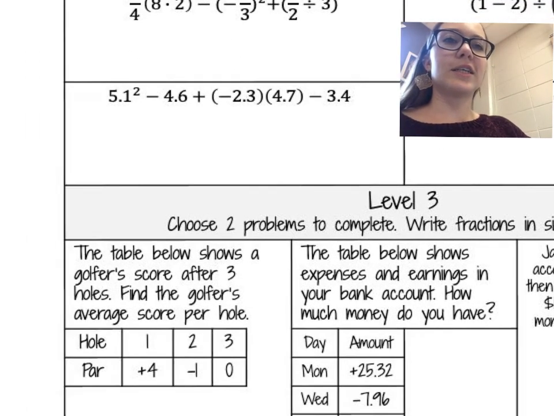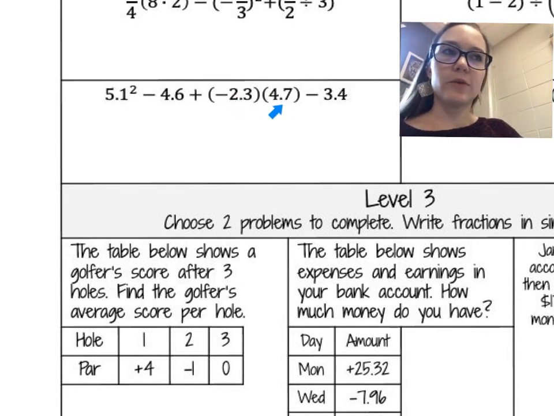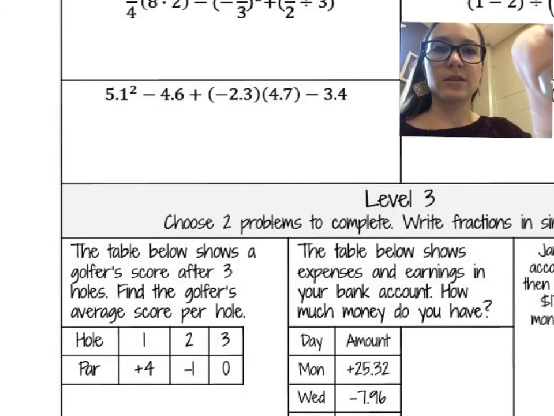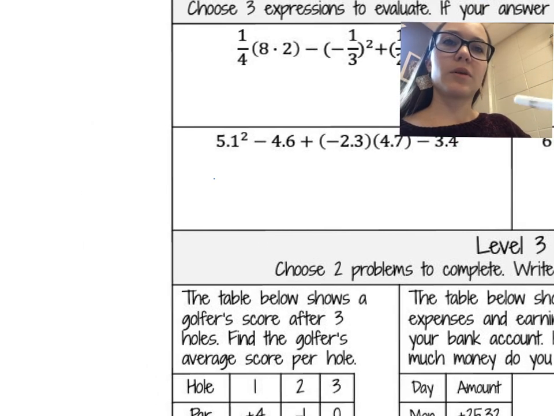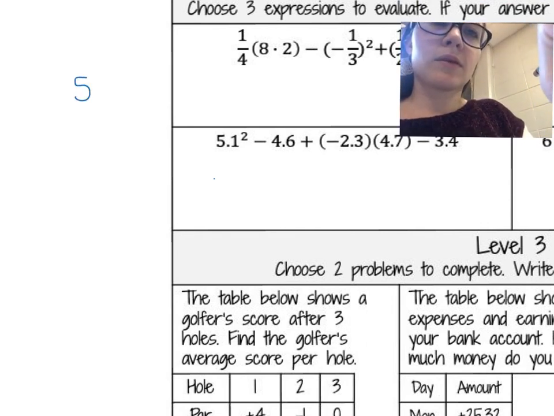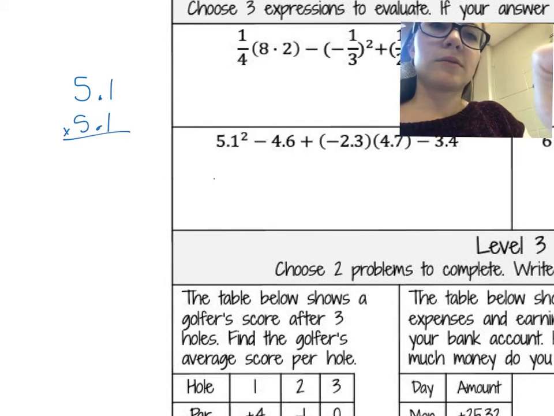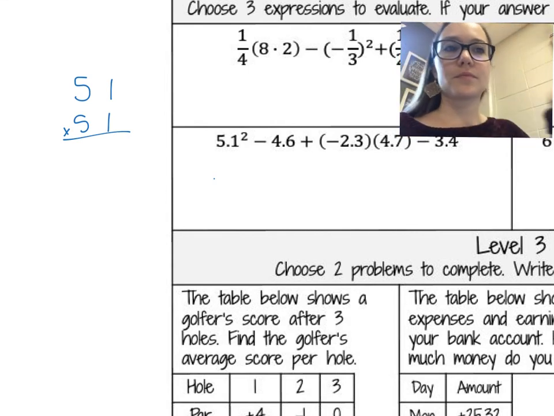Let's do this decimal one together. So these parentheses just mean multiply, so I don't have any parentheses to do, but I do have an exponent. So I'm going to work on that on this side of my paper. So that means 5.1 times itself 2 times. So we're going to pretend like the decimal isn't there.